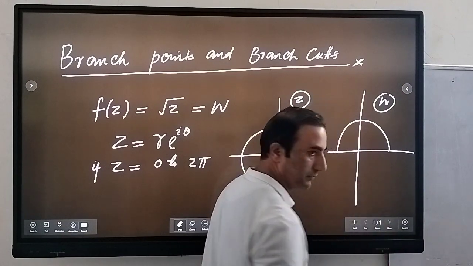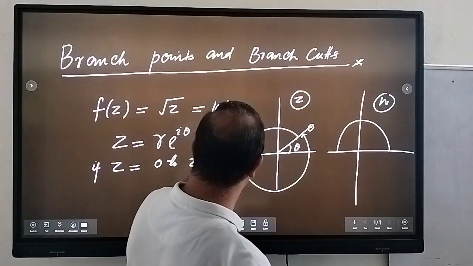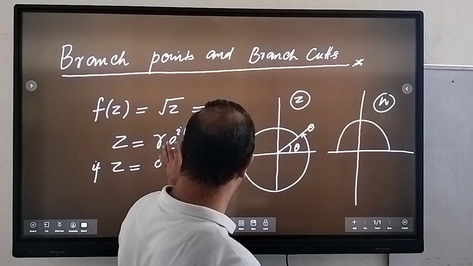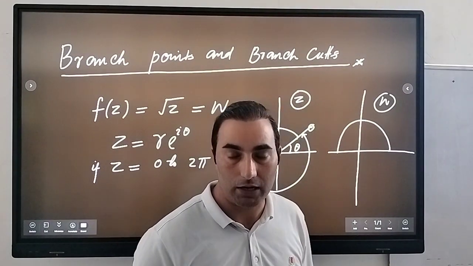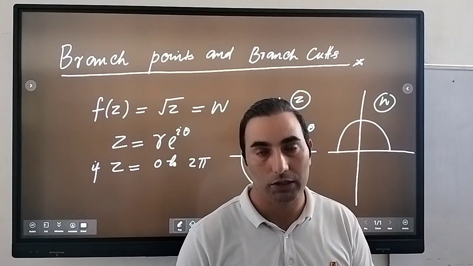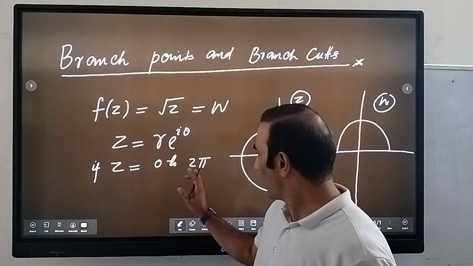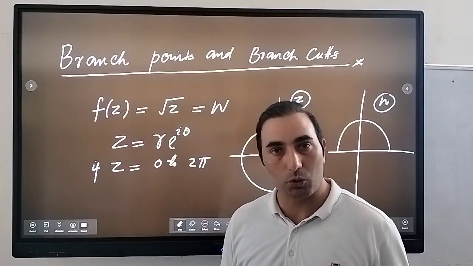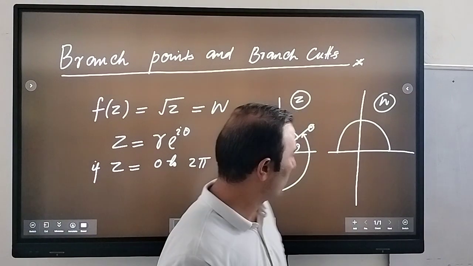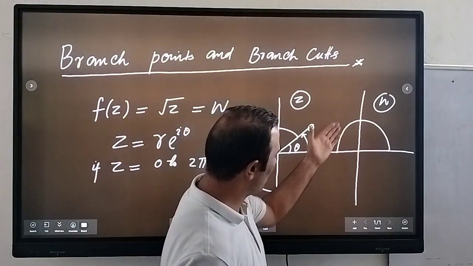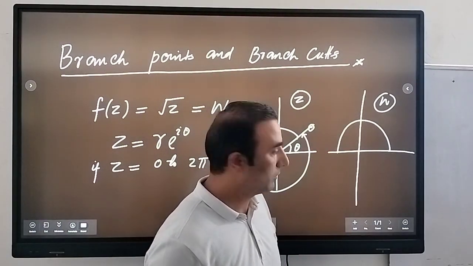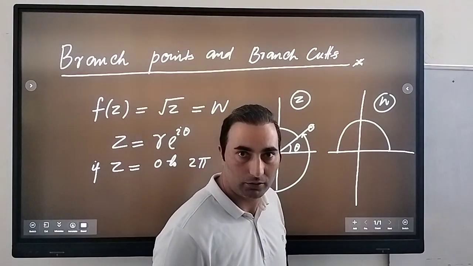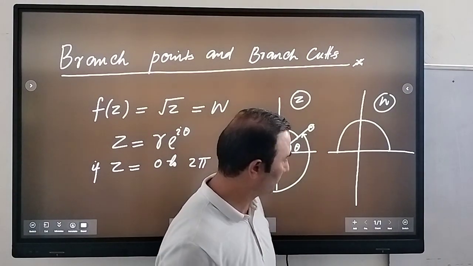Because we have w equal to e^(iθ/2), the argument will be theta by 2, so for 0 to 2 pi we have e^(iθ/2). So it will only cover the first half, a semicircle, of the complex plane.